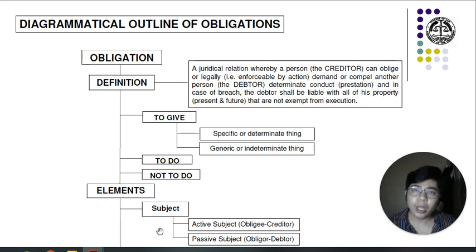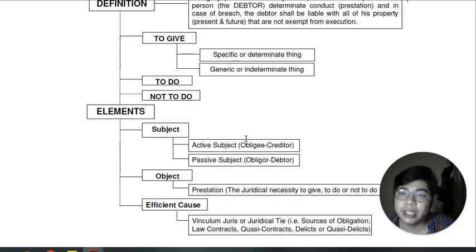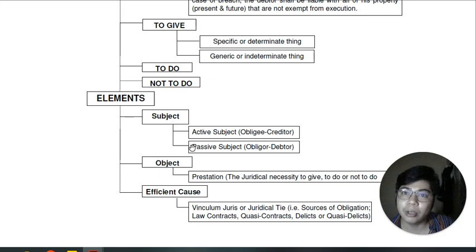So next is, what are the consequences? These are the elements, no? So we are already here. What is the consequence of limitations of a person's capacity to act, to enter into a contract? We have this so that you will not be misguided that all obligations are contracts. Not all obligations are contracts.